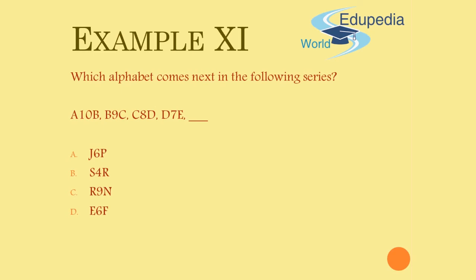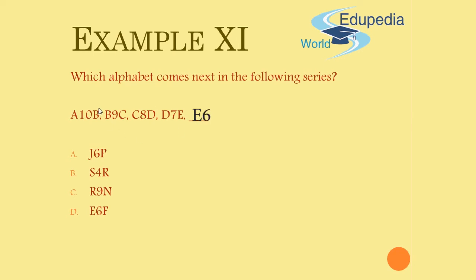So in this question, the first word is A10B, then you have B9C, then you have C9D, and then you have D7E. So again, just use correlation. First up I have a letter which goes from A to B to C to D, so in the fifth word it should be E. Then I have a number that is 10, 9, 8, 7, so in the fifth word it should be 6.